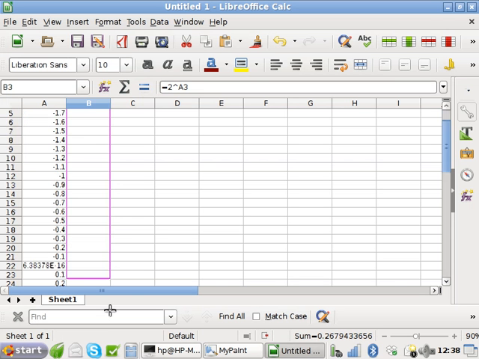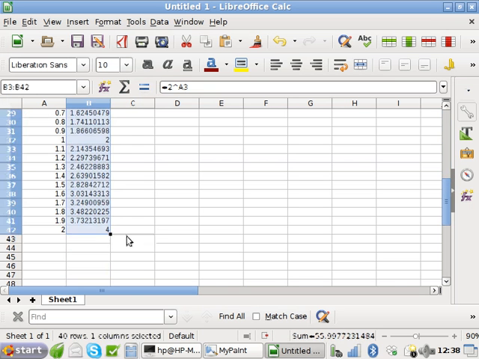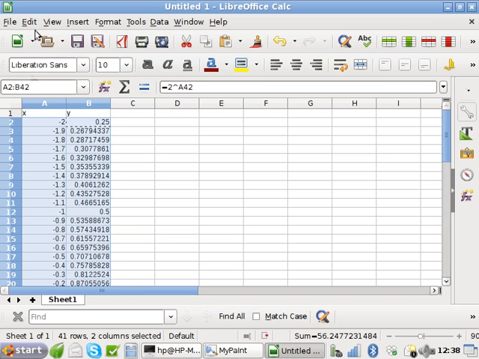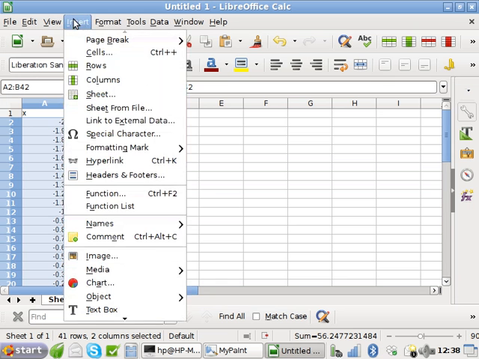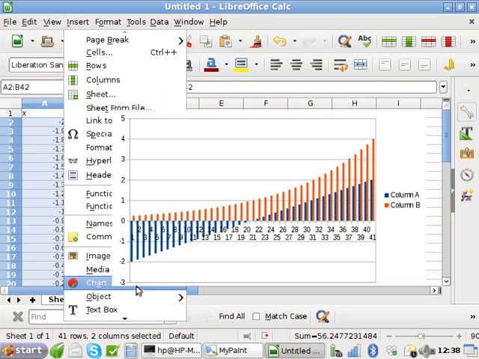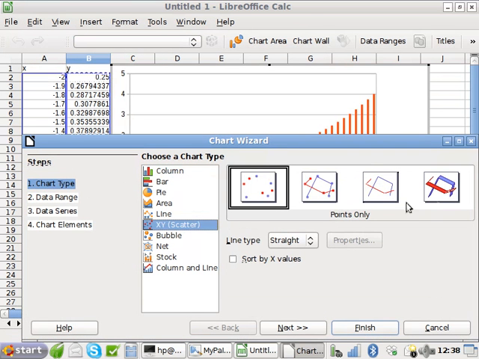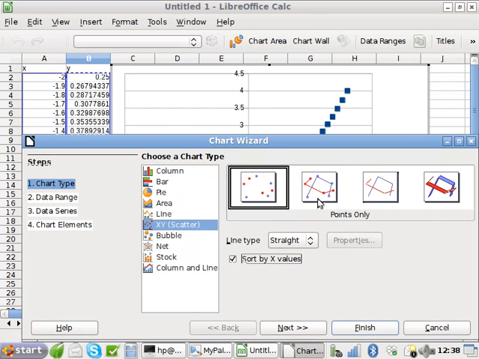So we'll go all the way down. I think maybe some people know what the graph looks like already, but we'll have a look here. Chart. And we'll make them smooth points.